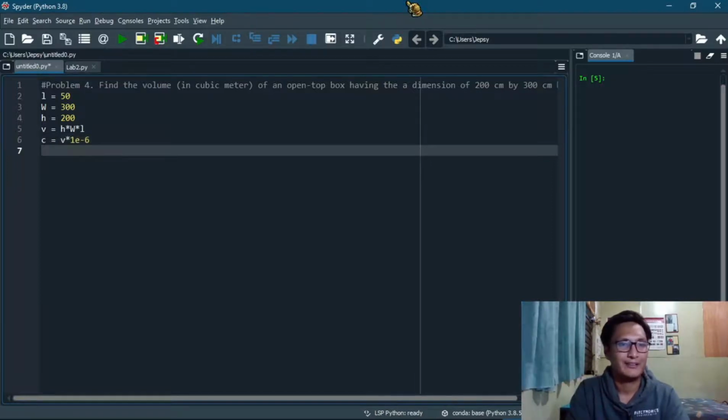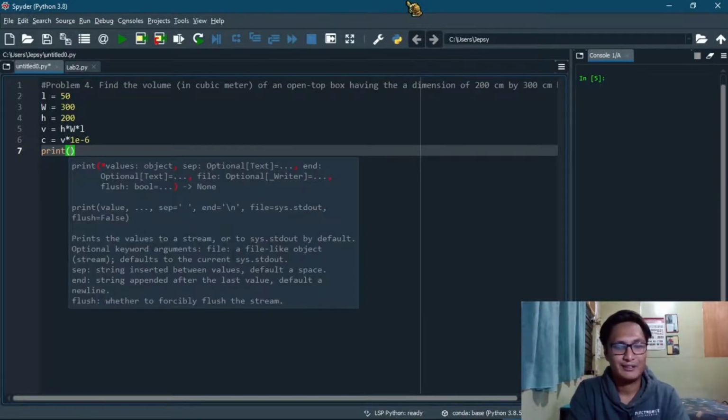Okay, so we just print out the answer. We can just say "the volume of an open top box in cubic meter is".